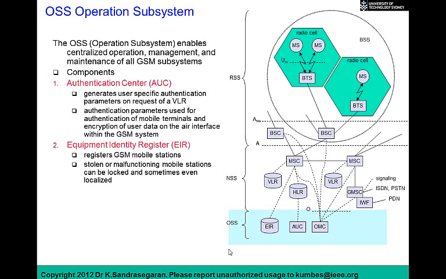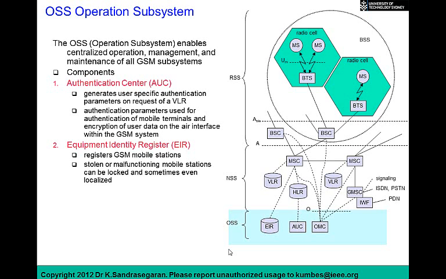You also have something called the EIR, which is part of the OSS, and this is associated more with the handset. So the difference between the authentication center and the EIR is that authentication is more to do with the SIM card, whereas the EIR is more to do with the handset. Sometimes you may want to ban certain handsets from being used on the network.